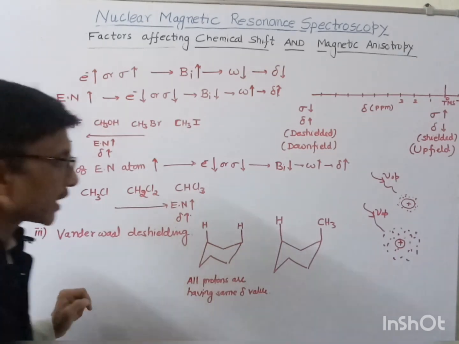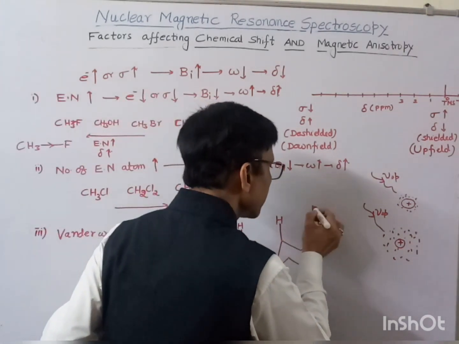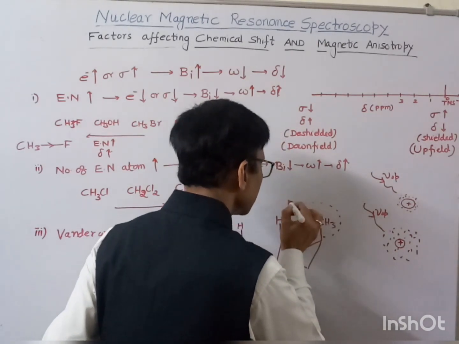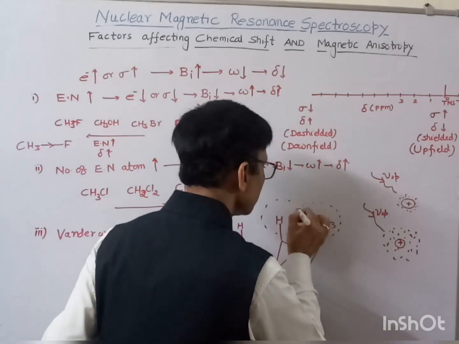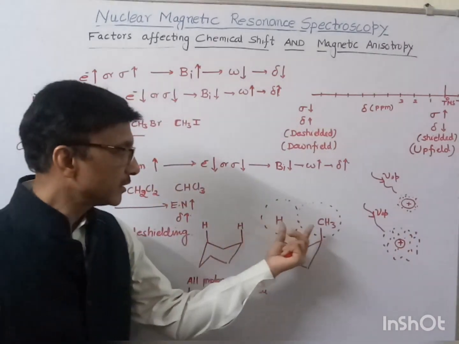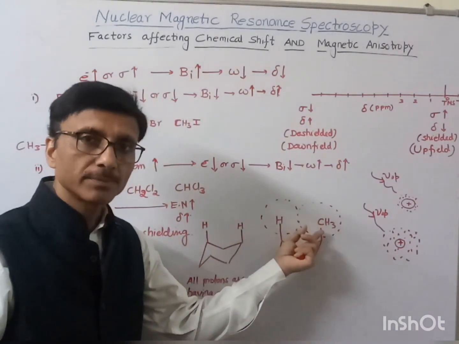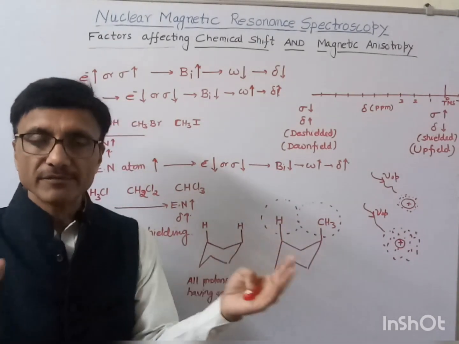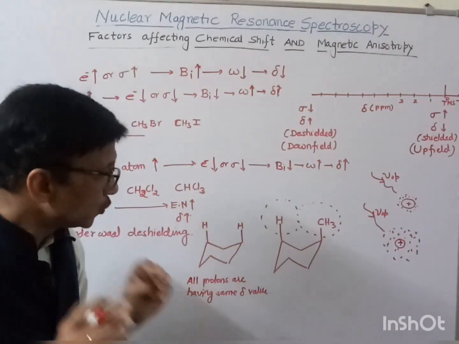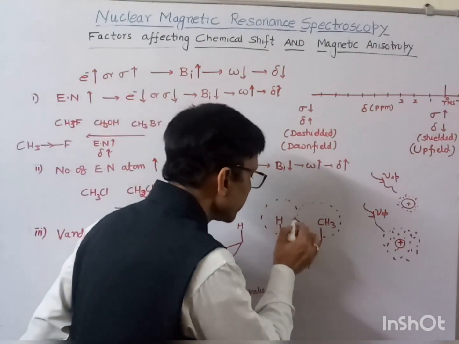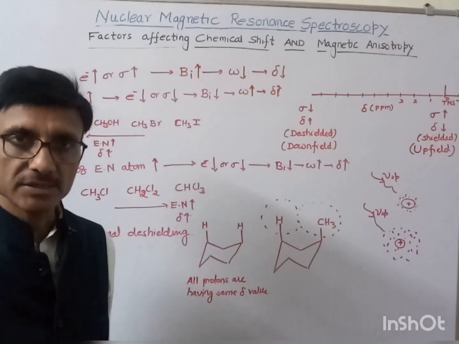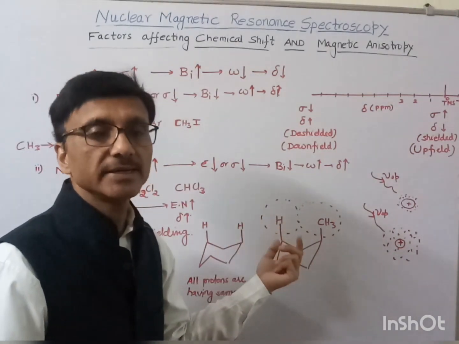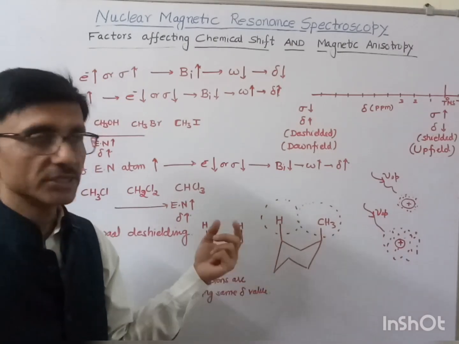Why will it resonate at a higher frequency? This is sterically hindered. The electron density of this proton is hindered due to this methyl proton, and the electron density of this methyl proton and the electron density of this proton will interact and repel each other. Due to this, the electrons surrounding this proton will decrease. So electron density will decrease surrounding this proton, and if electron density decreases, it means the shielding is decreasing.